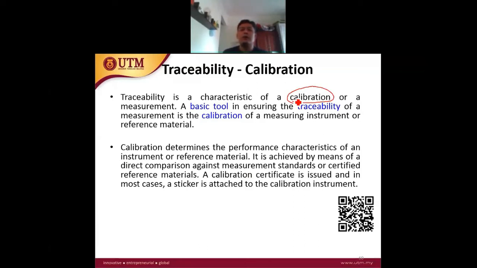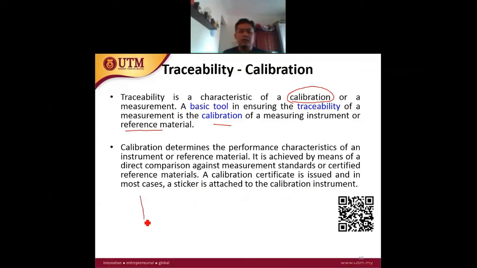It is a basic tool in ensuring traceability of the measurement. It is the calibration of measuring instruments or reference material. I have explained the process before. Calibration basically determines the performance characteristics of an instrument or reference material. It is achieved by means of a direct comparison against a measurement standard or certified material. A calibration certificate is issued, and in most cases a sticker is attached to the calibrated instrument.